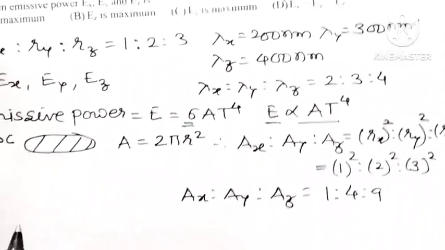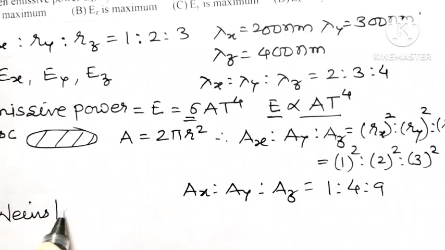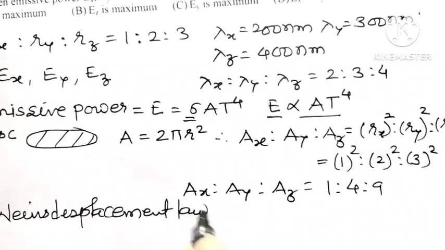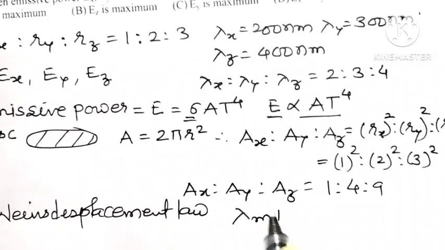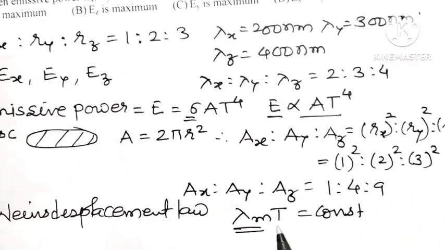Now we know Wien's displacement law. According to Wien's displacement law, lambda m into T is equal to constant, where lambda m is the maximum wavelength and T is the absolute temperature.